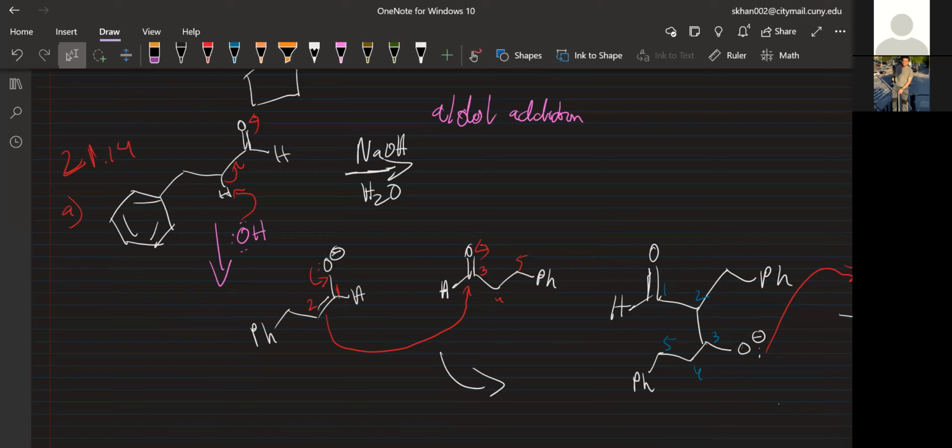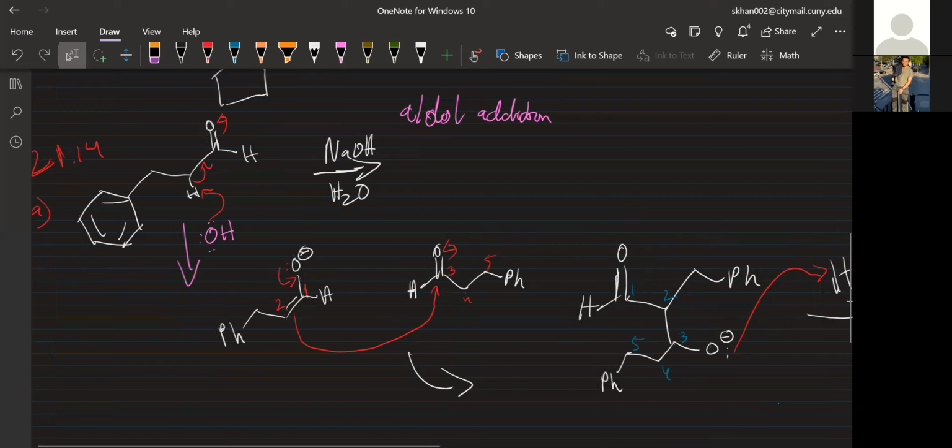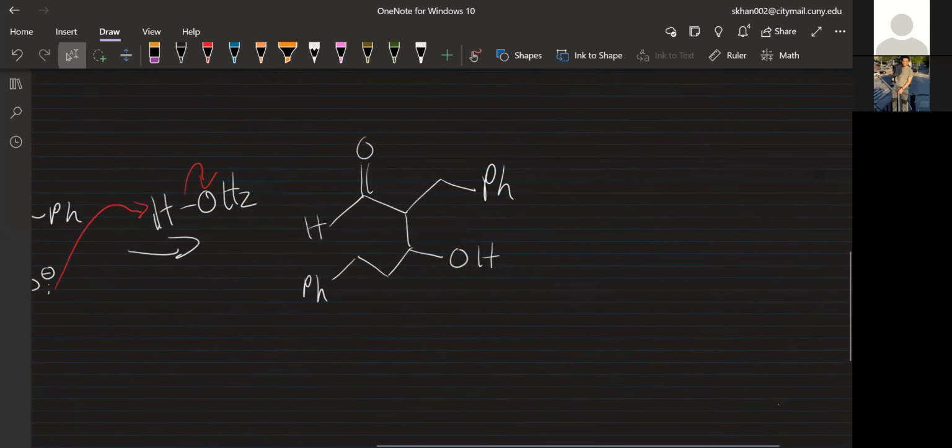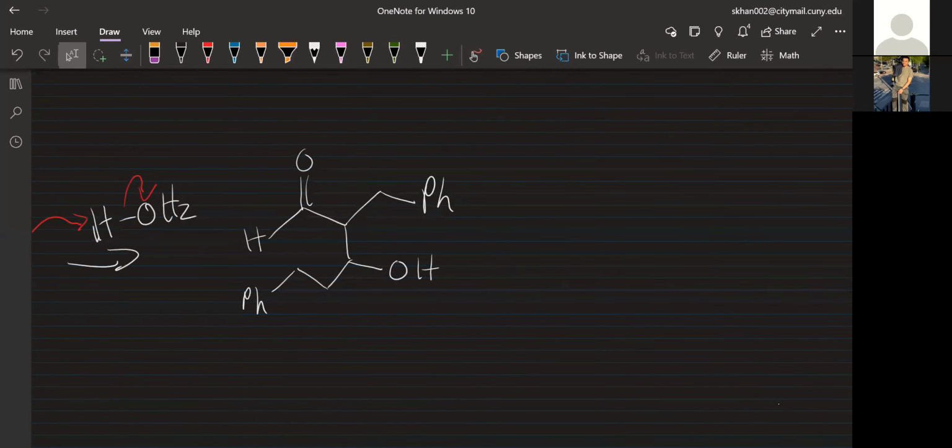So generally it's done with aldehydes because we know there's only 1 alpha carbon and 1 alpha proton. The aldehyde proton is not acidic at all. So that's your final product there, and this is just with base and water.